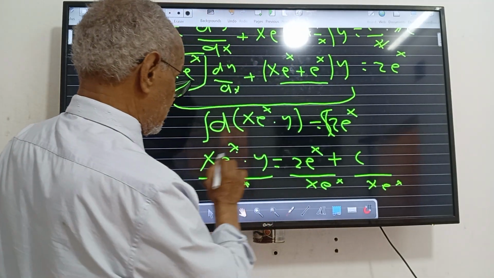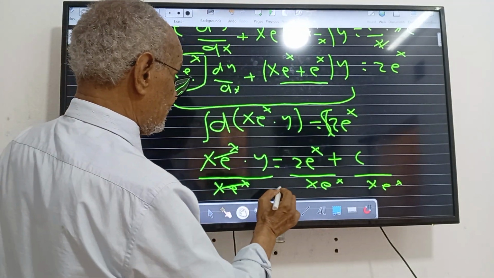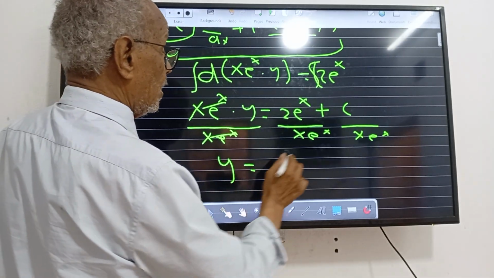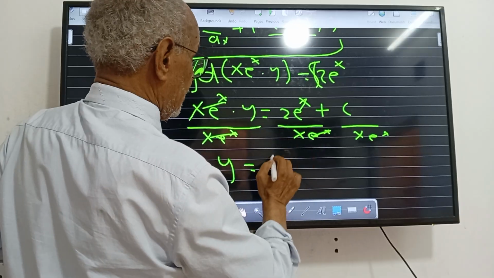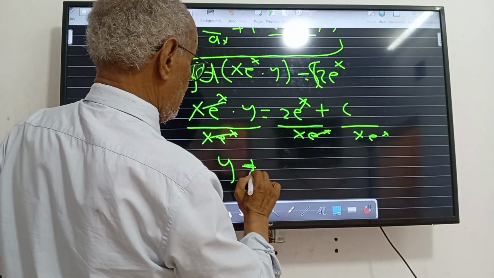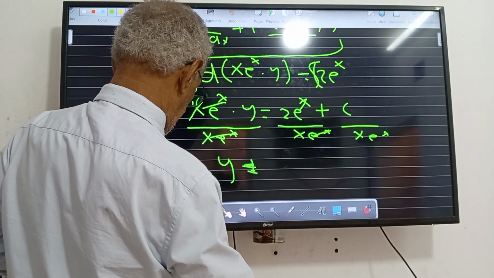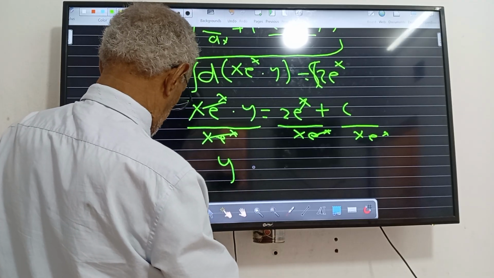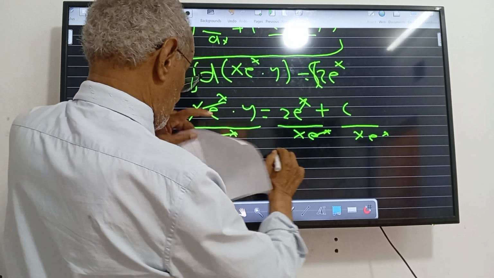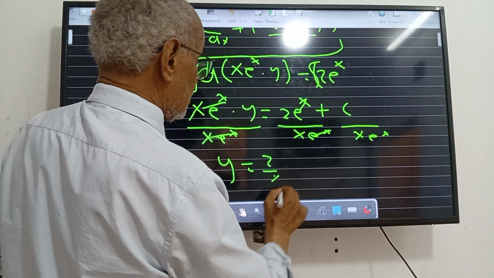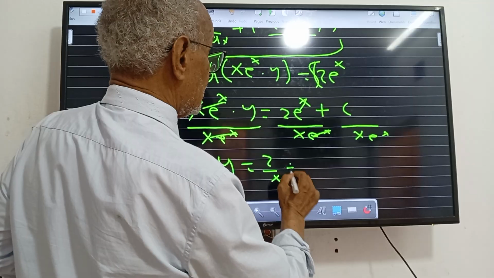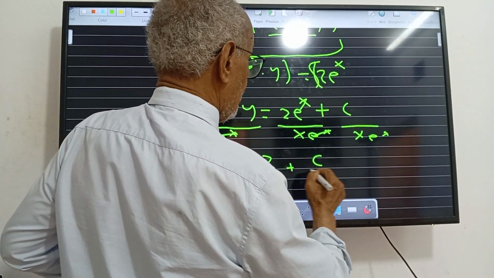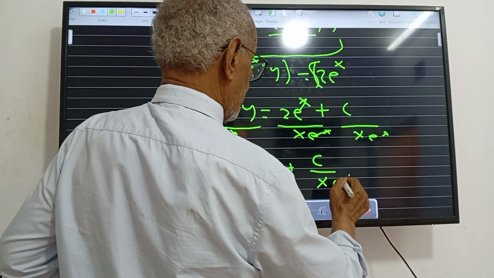So this will be cancelled with this, and you will end with y equal to, not plus, e to the power x, plus c, divided by x e to the power x.